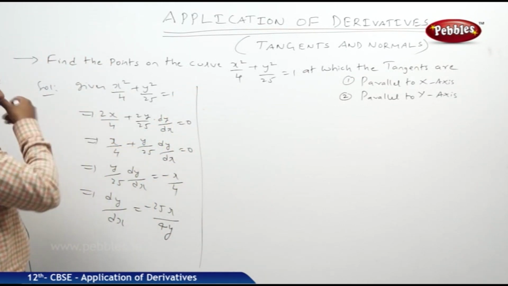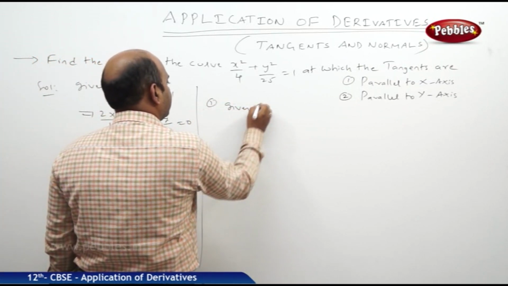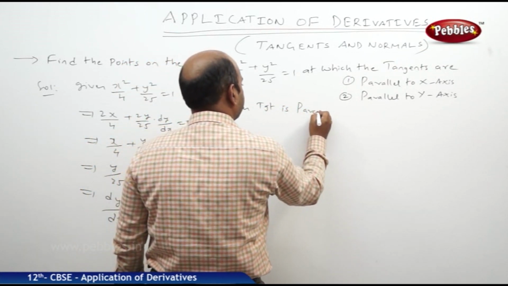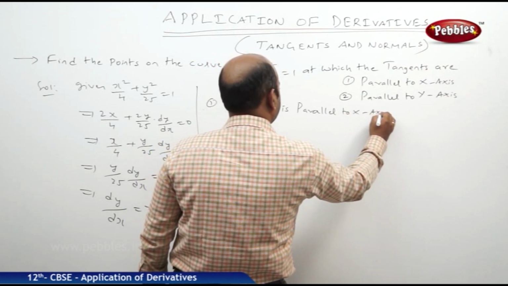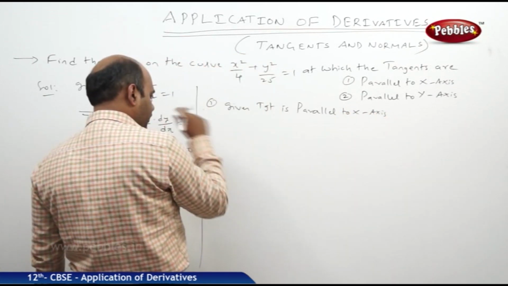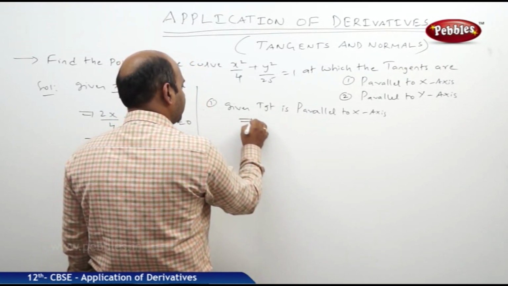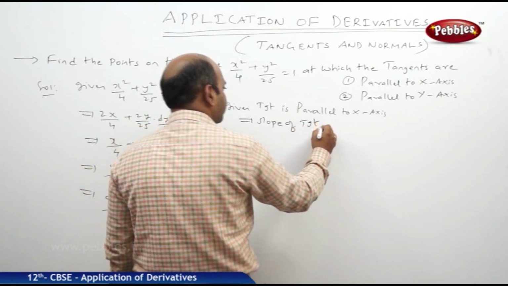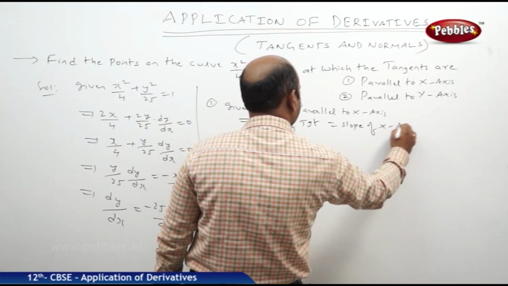Now in the first problem, what is given? Given tangent is parallel to x axis. Tangent is parallel to x axis means slope of the tangent is equal to slope of the x axis.